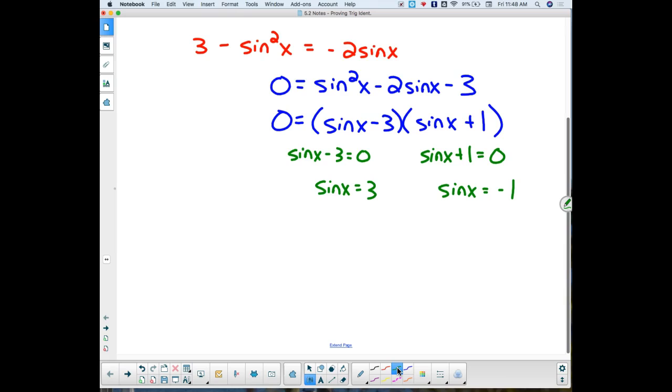Unit circle time. Sine of x. Where is sine of x equal to 3 on my unit circle? Nowhere. Where is that equal to -1?